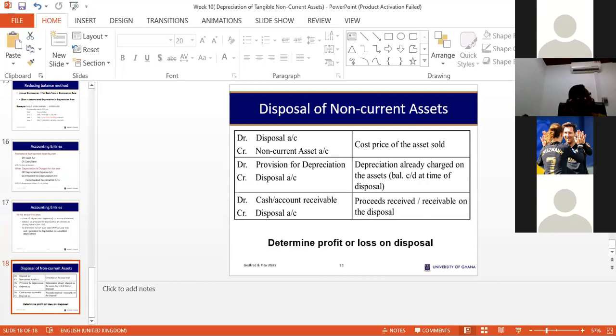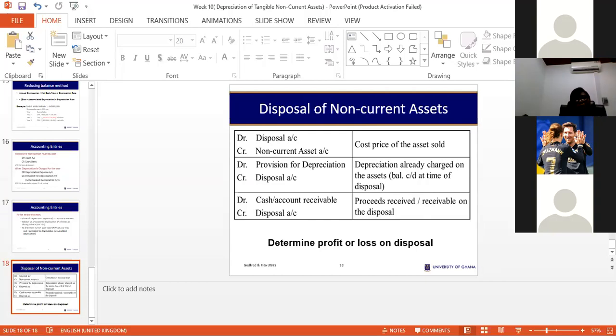If it becomes obsolete too, it is no more useful, and you have to clear the obsolescence. So all these things are costs to business, and business wants to reduce costs. And so what businesses do is to dispose of these non-current assets at certain times, especially after the useful life. After the end of the useful life, they dispose of it.